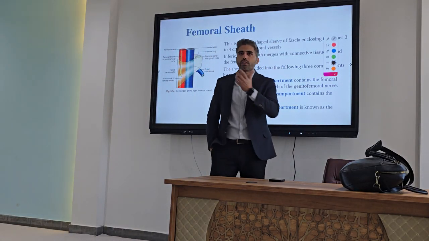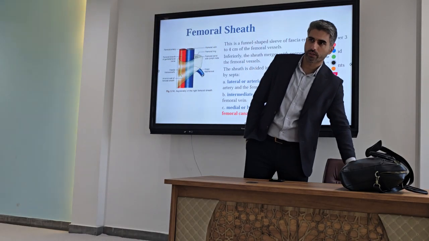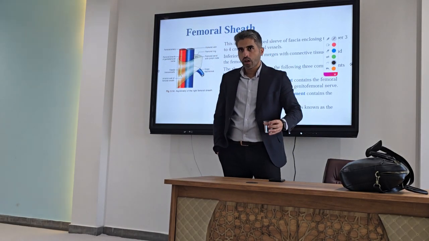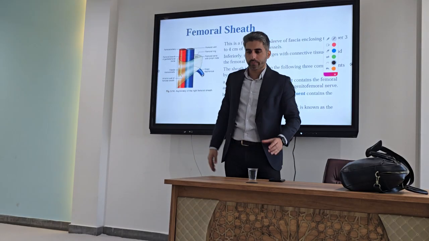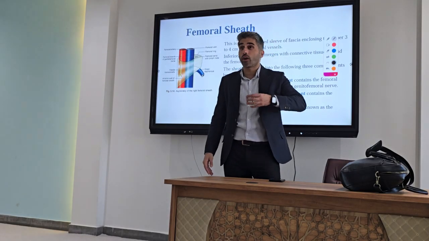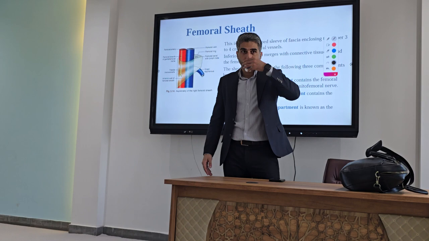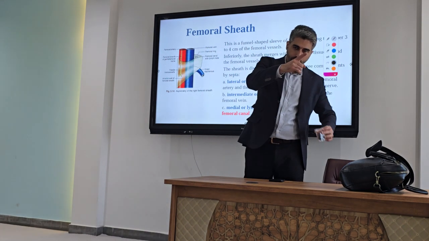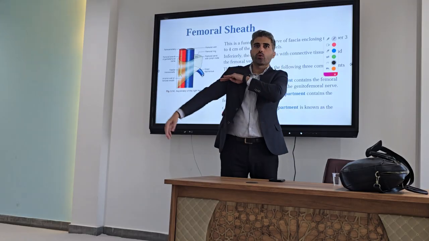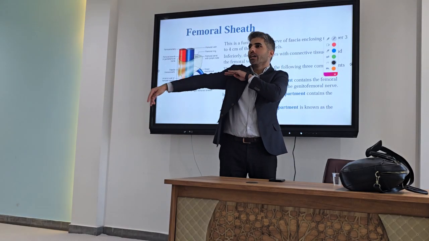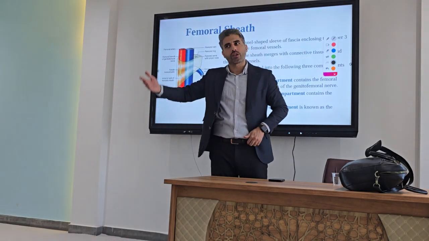One question. What is the origin of the femoral artery? Tell me, in the upper limb, what is the artery for the upper limb? The subclavian artery. The subclavian artery goes to the axilla, and we say axillary artery. Then it goes to the arm, and we say brachial artery.